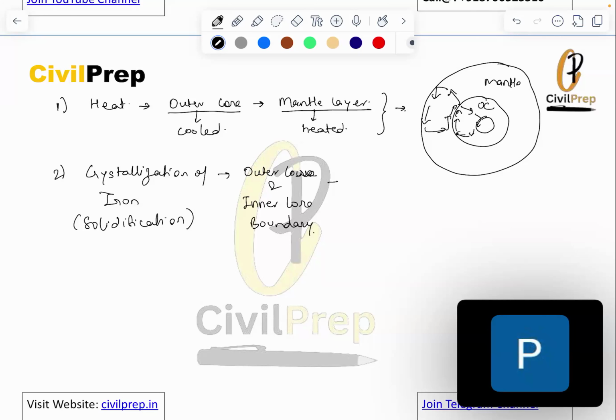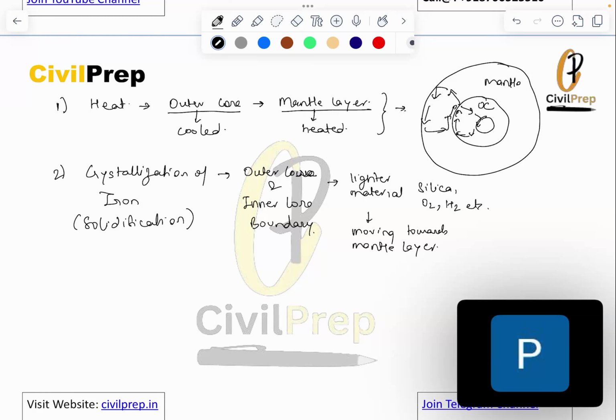Because of which we are seeing that the lighter material like silica, then oxygen, hydrogen, and other gases are moving towards the mantle layer.